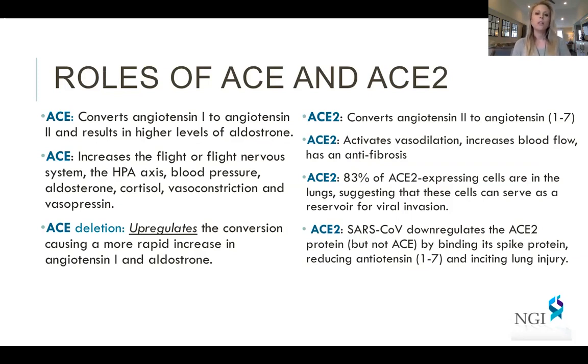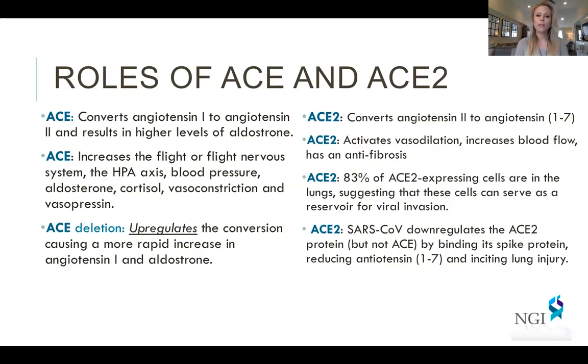So interestingly, ACE2 is in 83% of our cells in the lungs. And so what we're seeing is that this actually acts as the entrance point for the virus. So that's why the lungs are being impacted so much.